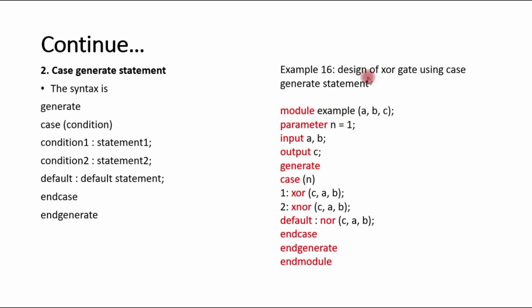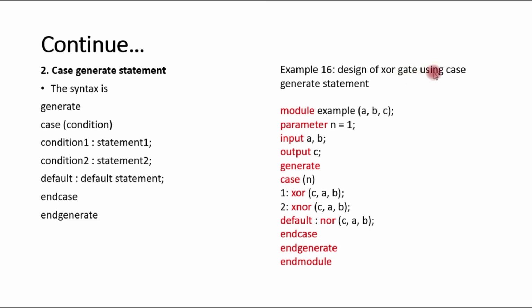The same example is designed here using case generate statement. The syntax for case statement is given here: generate case, then condition, and this condition is matched with the number of conditions available here, and the statements will be executed depending on these conditions, and we should define default condition here, and endcase and endgenerate.